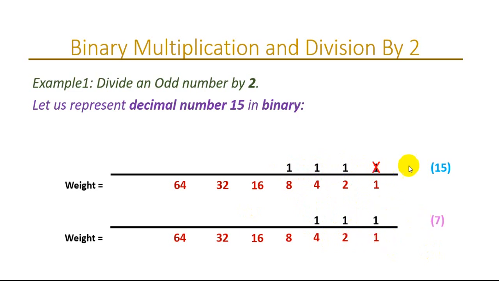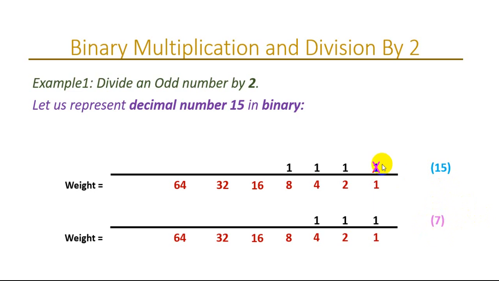Actually, if we divide 15 by 2, we should get 7.5. That's exactly the half. But in binary numbers, we are not talking about any fractions in this case. Only whole numbers. If you take off an odd number's last digit, you are dividing the number and getting the integer value of the result. So 7.5 won't come. Only the 7 will be taken.